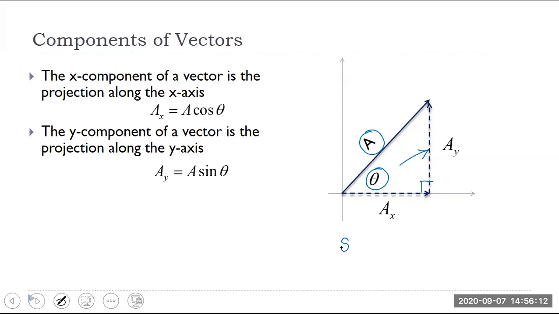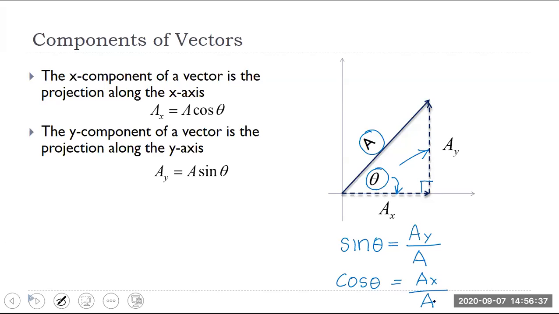So I know that sine of the angle, which is the opposite side, would be AY over the hypotenuse, which is A. And I know that cosine of the angle is equal to the adjacent side, the x side, so AX over the hypotenuse, which is A.